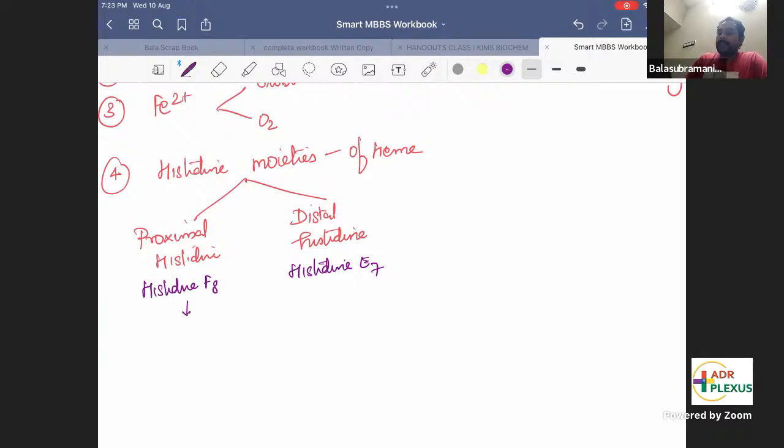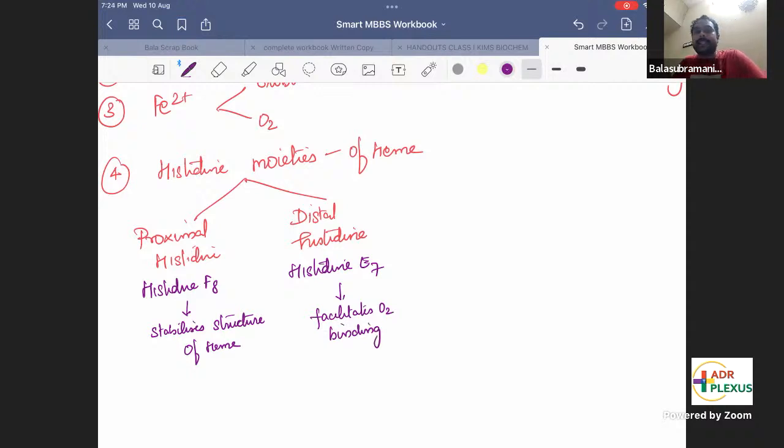So histidine F8 stabilizes the structure of heme, and histidine E7 facilitates oxygen binding.